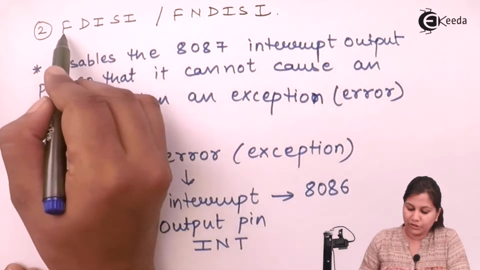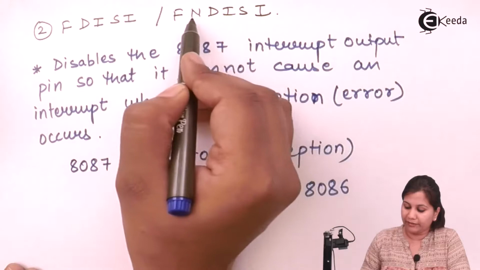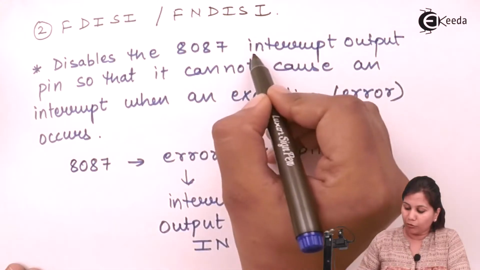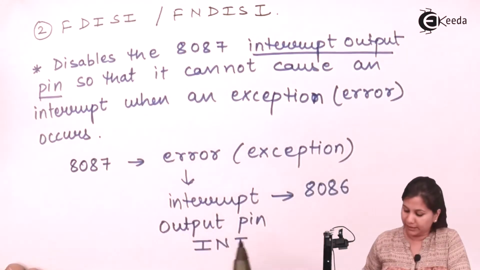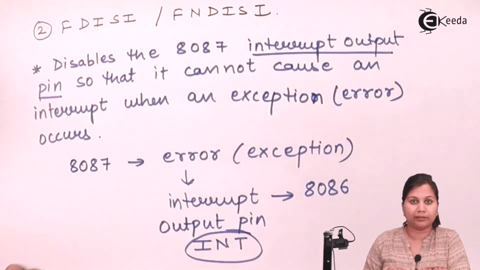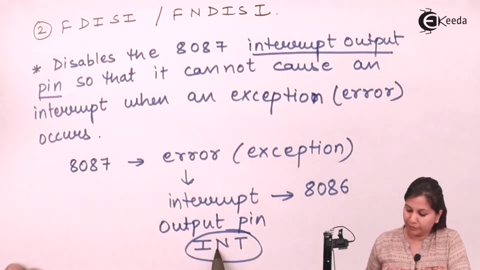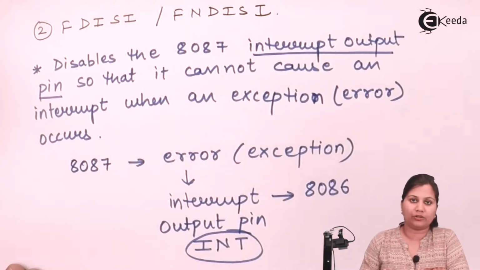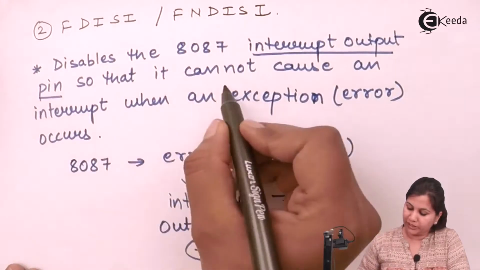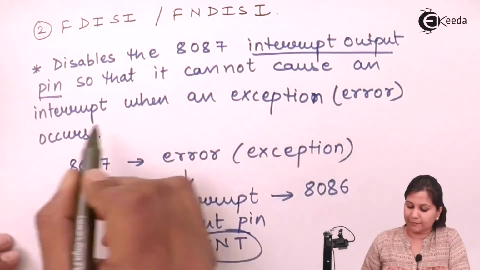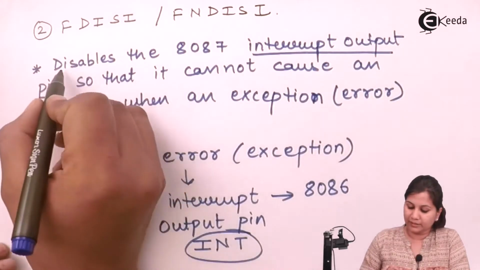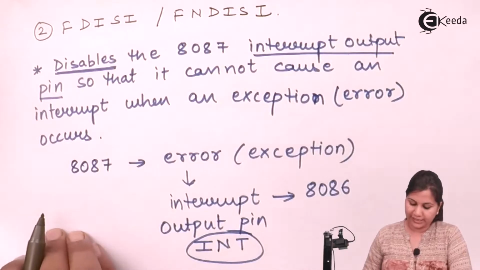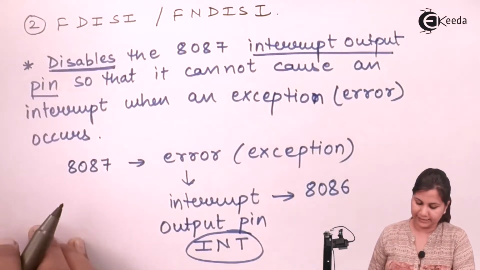So when the instruction FDISI or FNDISI is written, the interrupt output pin, this INT pin, is disabled. When this pin is disabled, no error can cause an interrupt to the 8086, so it cannot cause an interrupt when an exception occurs. So this is the second instruction, FDISI.